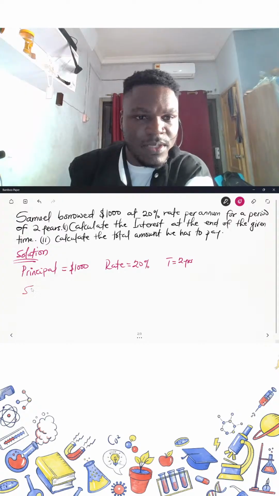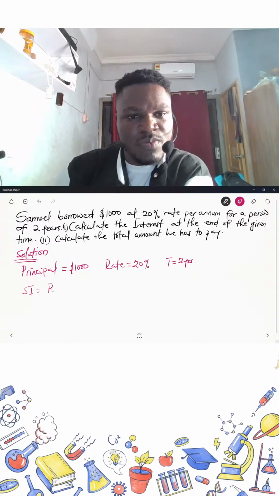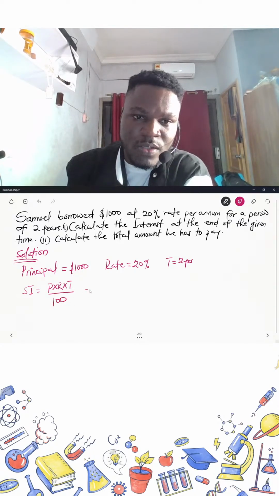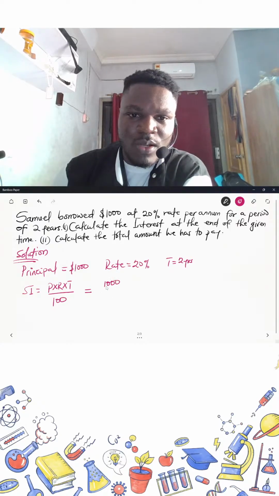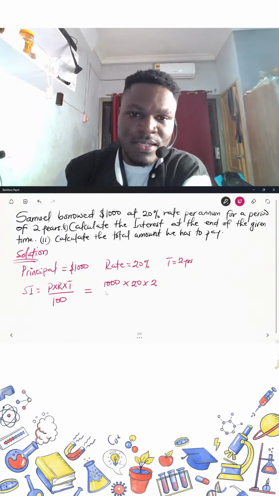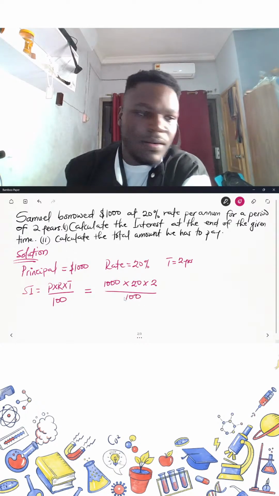So I have here simple interest is equal to principal multiplied by the rate multiplied by the time, all divided by 100, and that is the formula. So if I do the substitution, my principal is $1,000, so I'll put 1,000 multiplied by my rate, which is 20%, so I use 20, then multiplied by my time, which is 2 years, then all divided by 100.